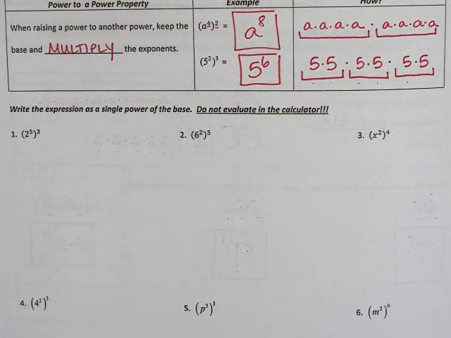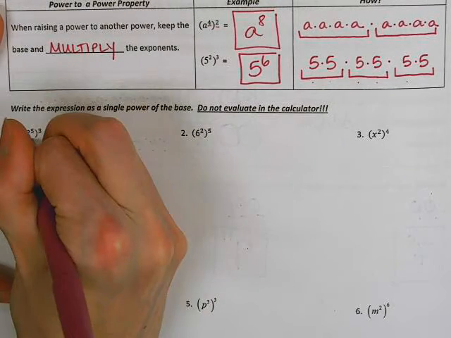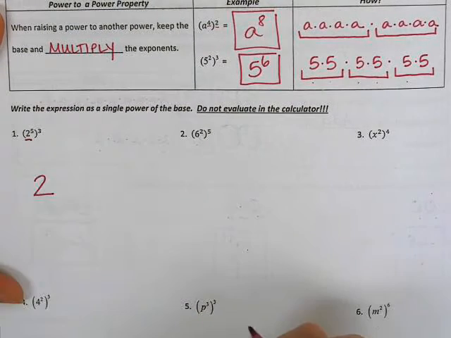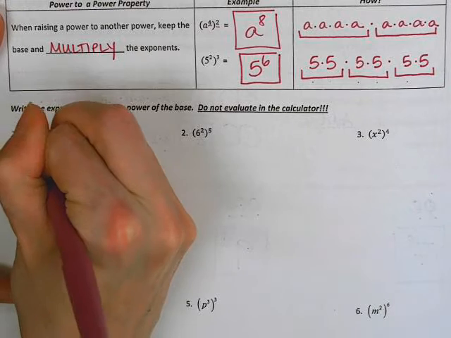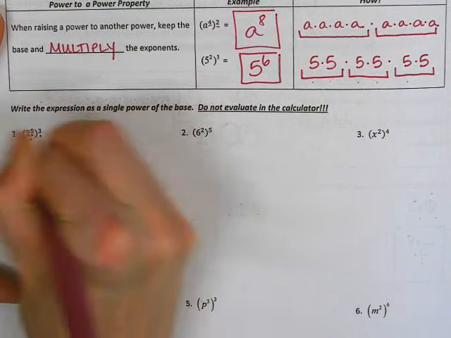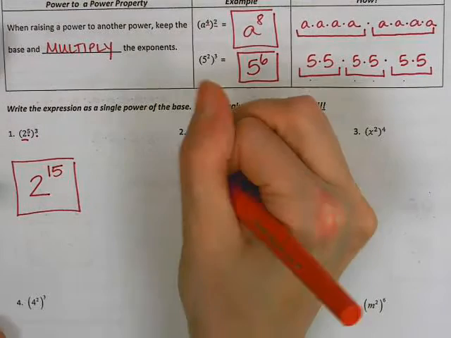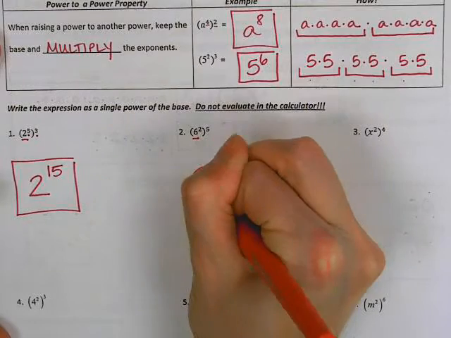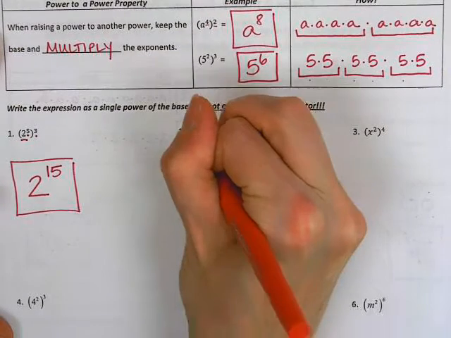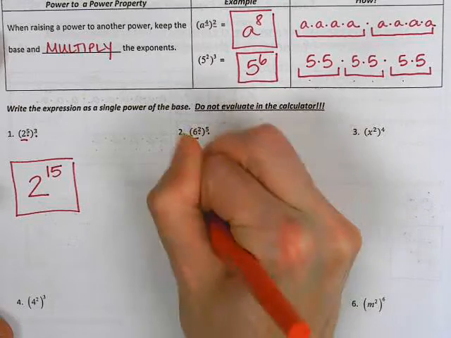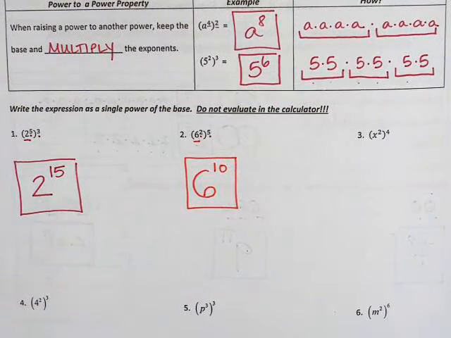All right, let's do it. So number 1, the base stays the same, but power to a power, you multiply. And you're going to leave your answer like that. All right, number 2. The 6 stays, the base stays the same, but power to a power, you multiply. So it's 6 to the 10th.